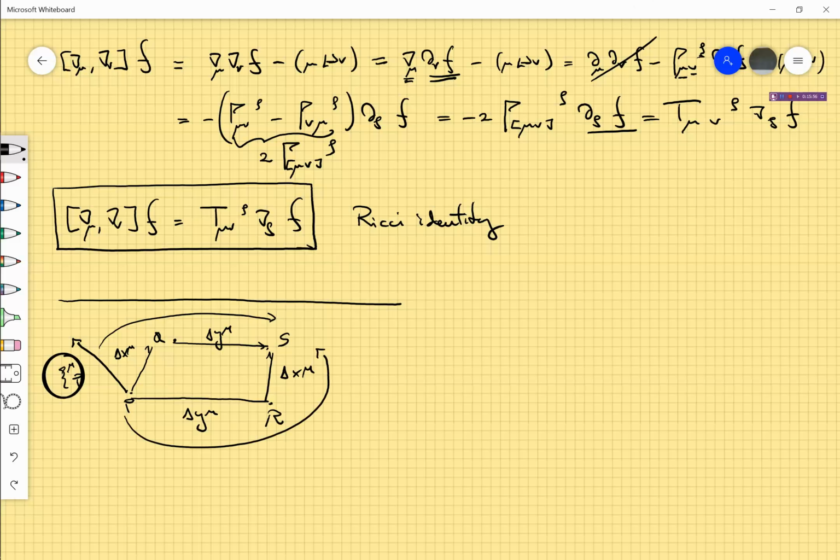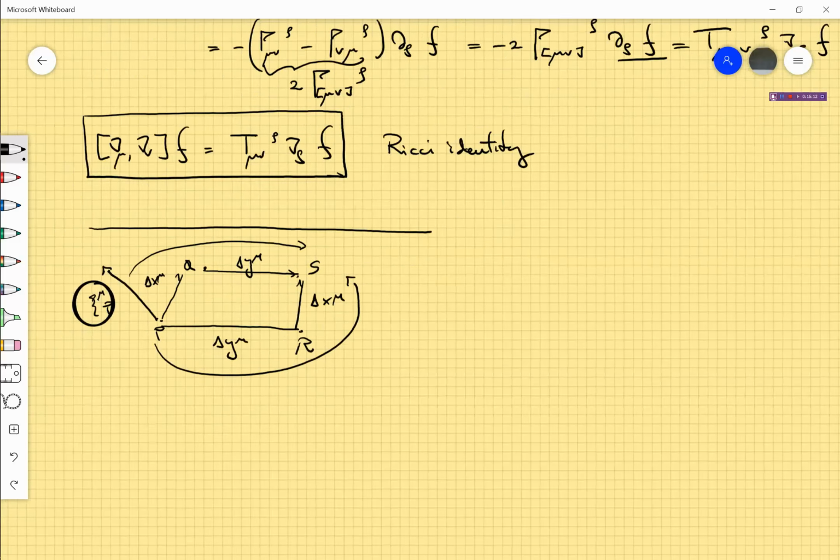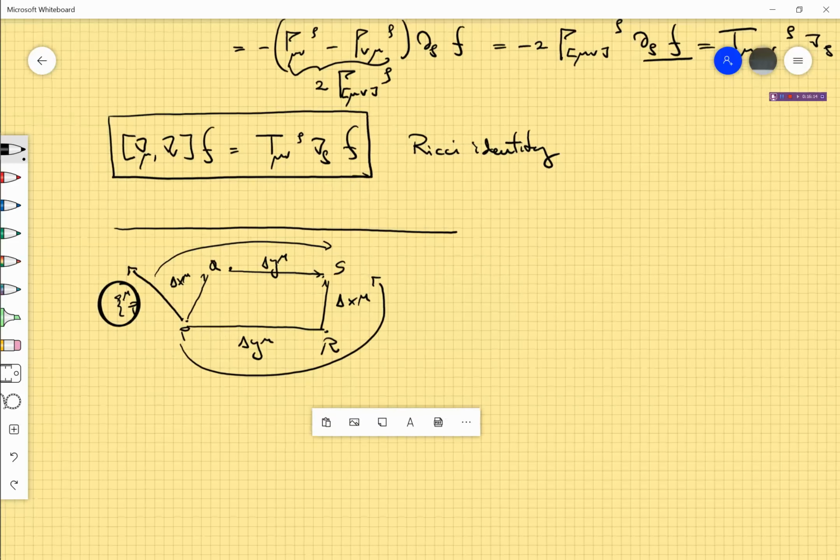This is the same as asking if I go around this loop completely from P to P again, psi mu of P will be parallel transported to psi mu of P again or to something else. These two questions are clearly the same. It's just that going from P to S by two different ways is simpler to compute, and the result can be written in a more interesting way.